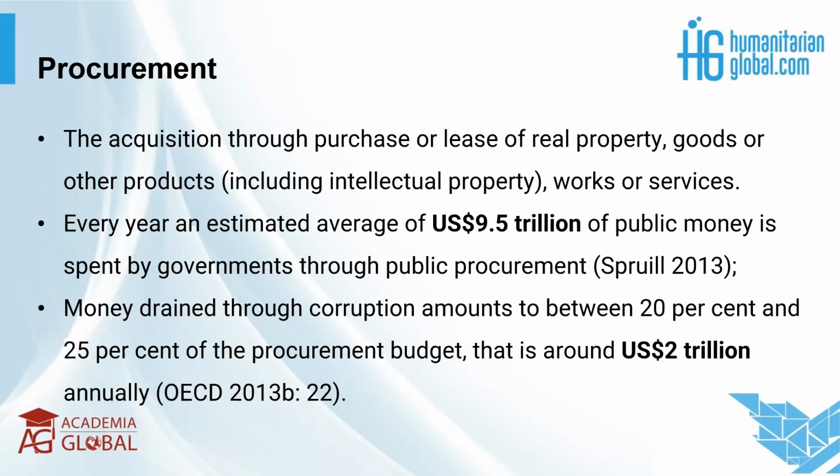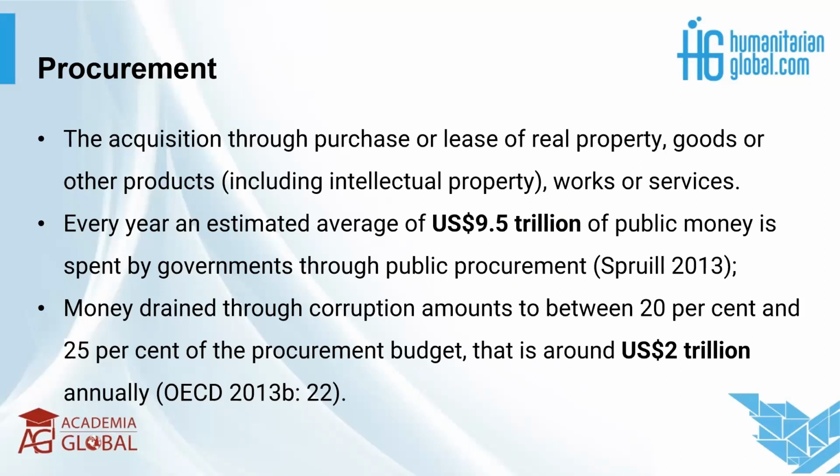And there is another data that showed that about 20 to 25% of these budgets is drained in corruption. I think 20% is quite a lot. So if we were to think about it critically, if 9.5 trillion is spent in buying, and out of that 2 trillion is money pocketed by just a few individuals in the procurement process, then there is no value for that, or we're buying substandard goods.